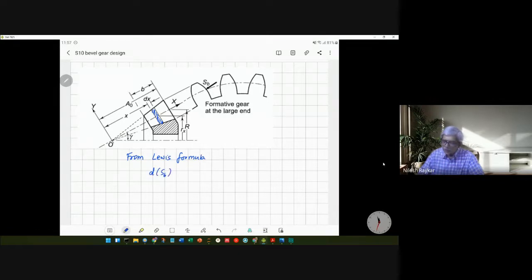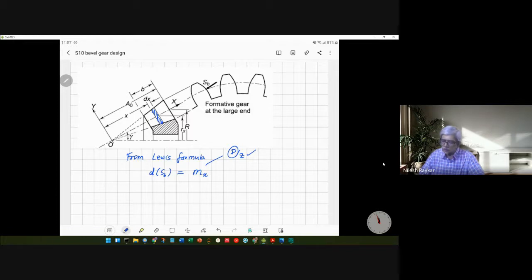The elemental force that this slice can carry will be given as, note that the module for this slice will be different. So every slice will have a different module because module is given as diameter divided by number of teeth. Every slice will have the same number of teeth, but the pitch circle diameter is different. So that's why I've written mx.